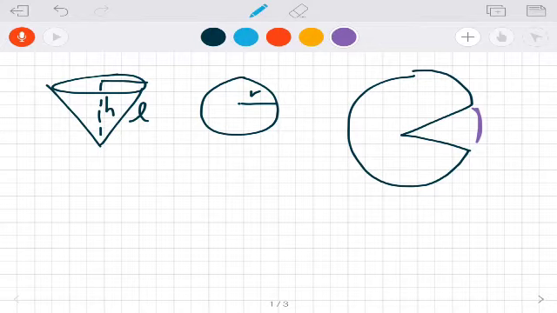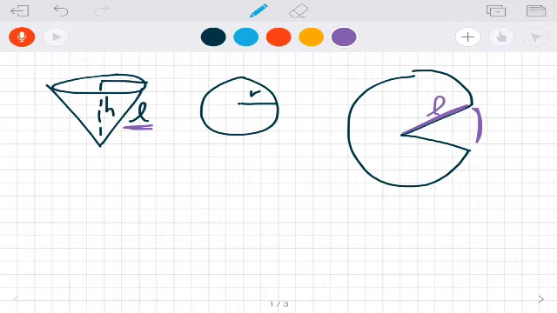And this right here, the length is going to be the same of this piece. Basically, the mouth of the Pac-Man is going to be the same size as this length right here. And so these things are related. We basically have a radius here that is the length of that overall.